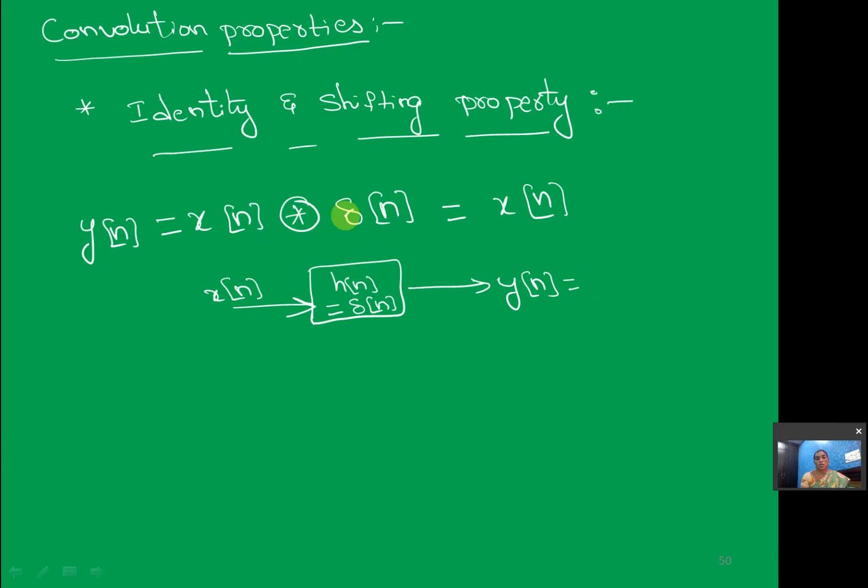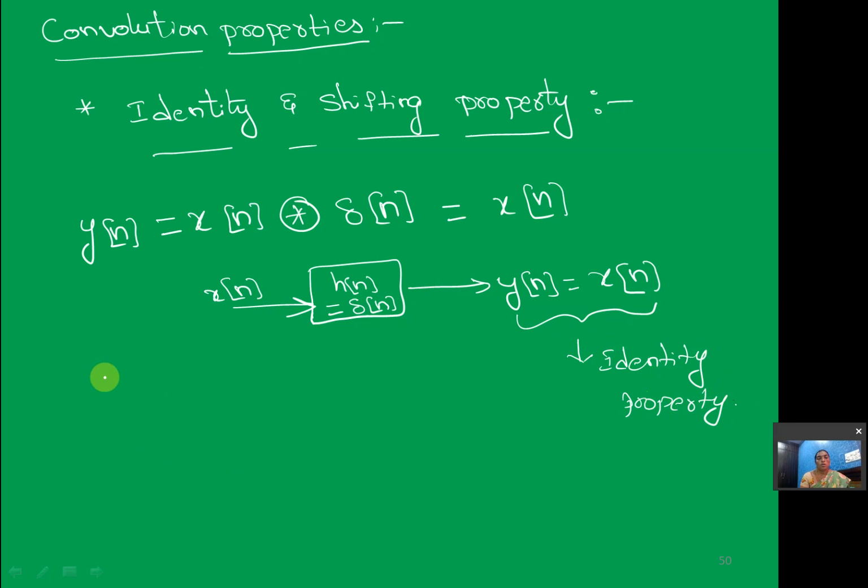Now x of n convolved with del of n is, from this property, the same signal x of n. Now y of n is equal to x of n. It is nothing but the identity property. This system is an identity system.